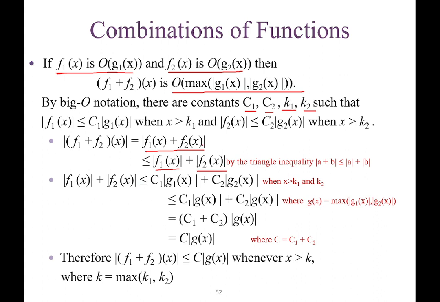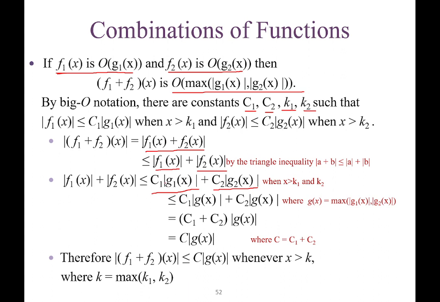Then we can use the given conditions: the absolute value of f1 is at most C1 times the absolute value of g1 of x, and f2 is at most C2 times g2 of x, when x is larger than K1 and K2.